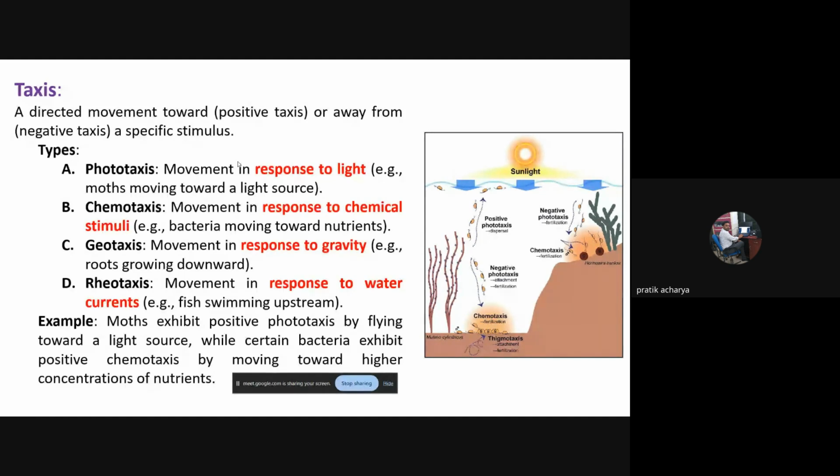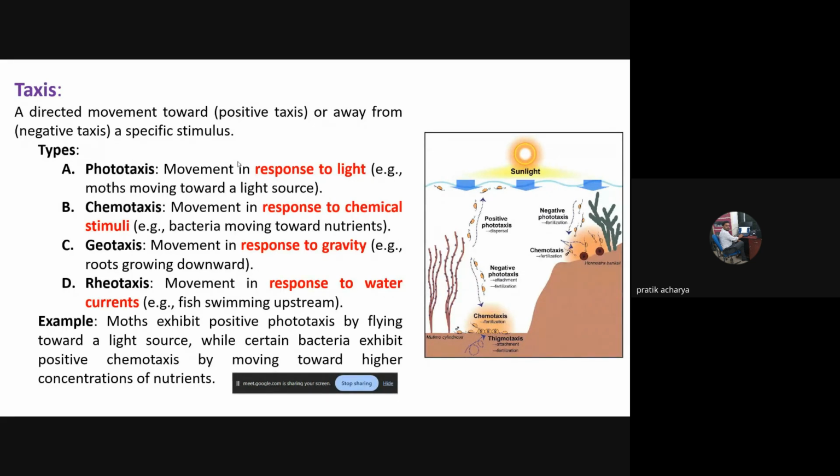So different taxis types are mentioned here: phototaxis, chemotaxis, geotaxis, rheotaxis. Phototaxis expresses what? Movement in response to light. When a moth is moving towards the light source, it is an example of phototaxis because that moth is photoloving in nature. They love the light.